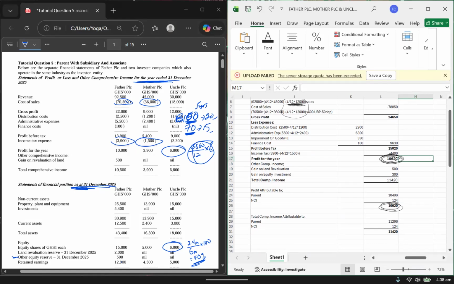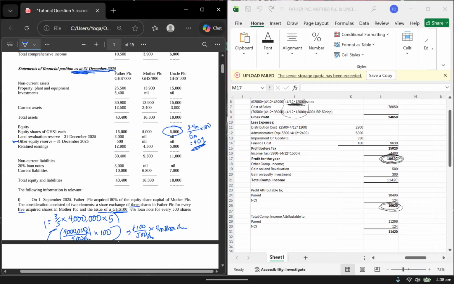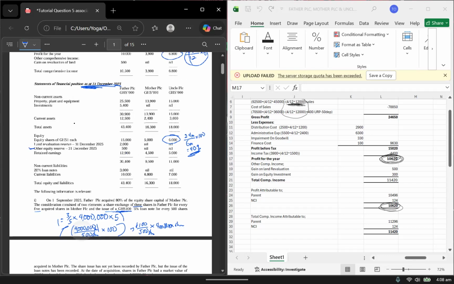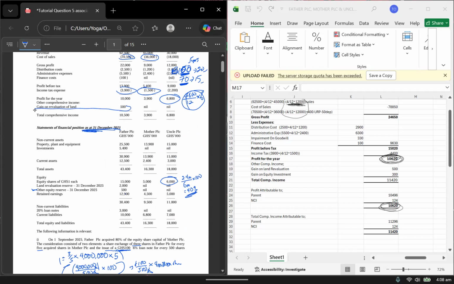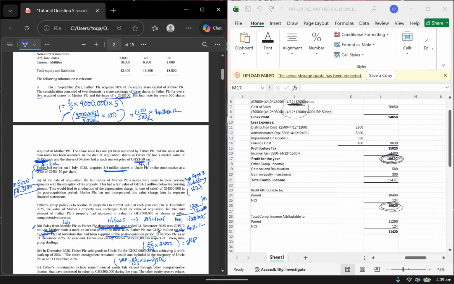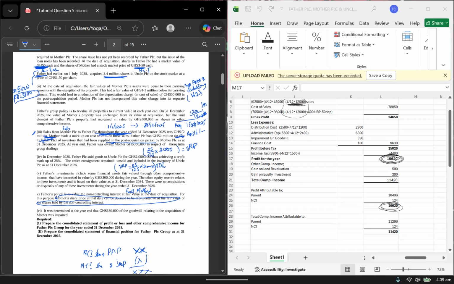Okay. Now, there was gain on land revaluation. It was already reflecting in the books here. It's only for the parent and it's part of other comprehensive income. So you come and write that. And then the question said that with respect to investments, father's investment includes some financial assets at fair value through other comprehensive income that have increased by 300.